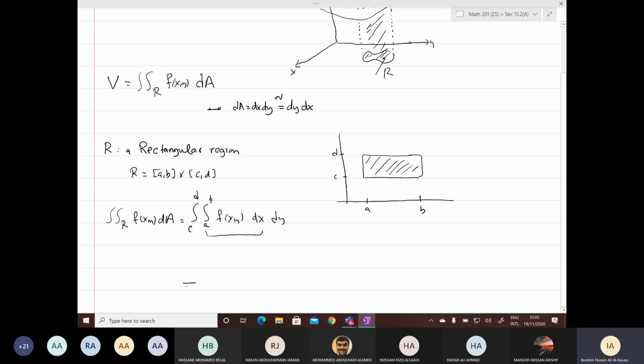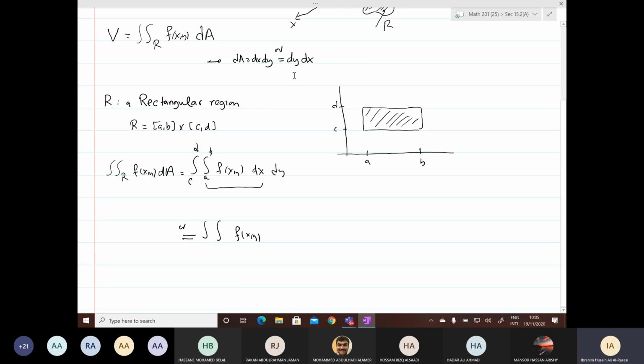Or the double integral of f(x, y), where I can choose dA to be dy dx instead of dx dy. I can switch between them and change the order. With dy dx, as above, the inner goes with inner and the outer with outer.